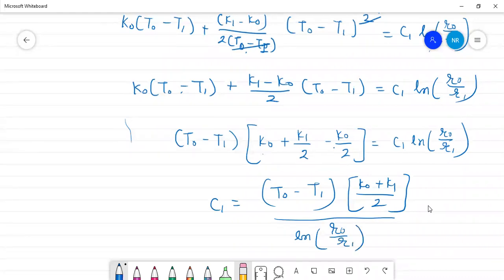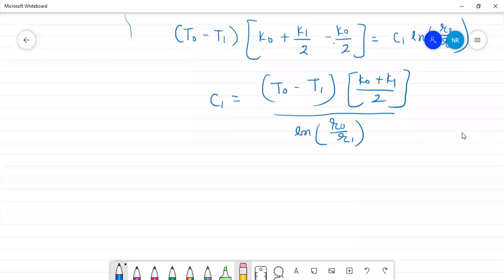So let's put the value of C1 at R equal to R0. Finally we have the heat flux. We are asked to calculate the value of heat flux at R equal to R0.